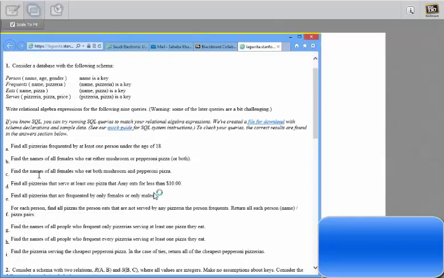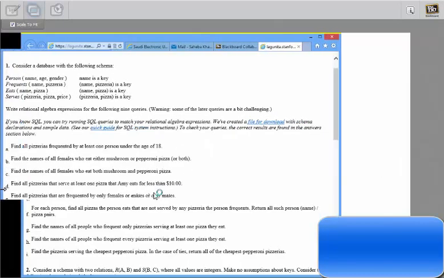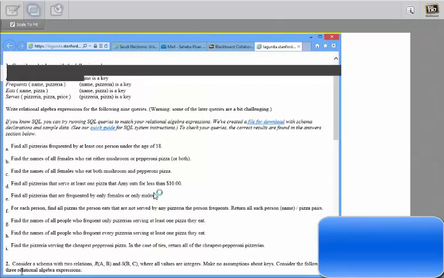So the answer is a projection on pizzeria, because we want to find the pizzerias frequented, that means frequently used by at least one person under the age of 18. So the person who is under 18 is frequently visiting this pizzeria, so we have to find that, okay.